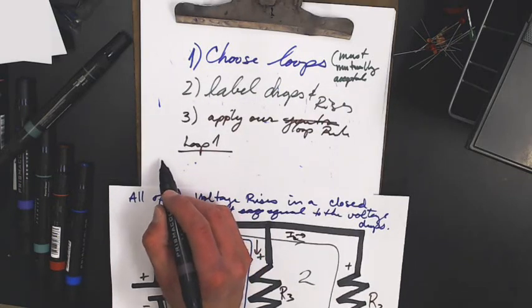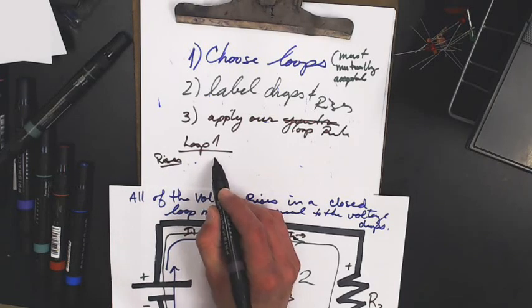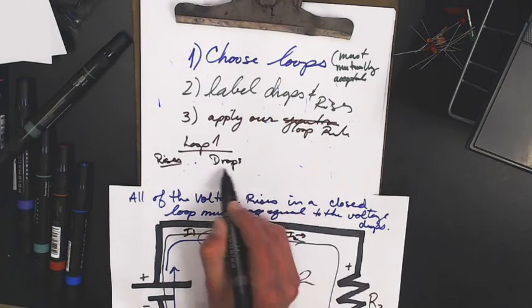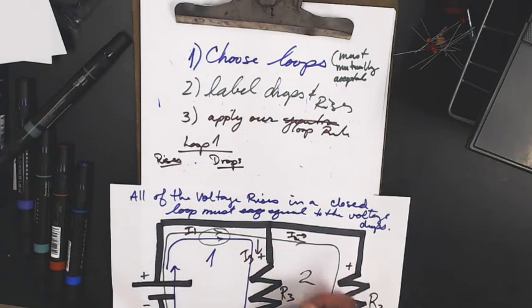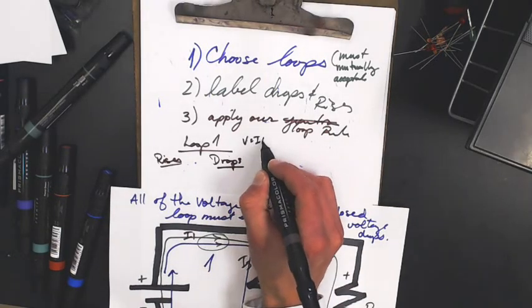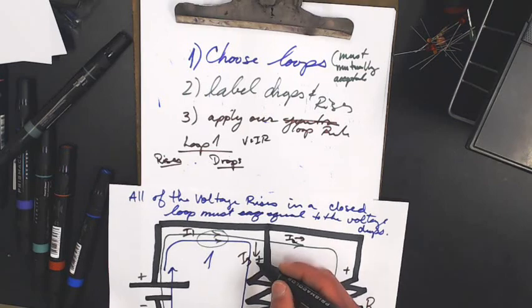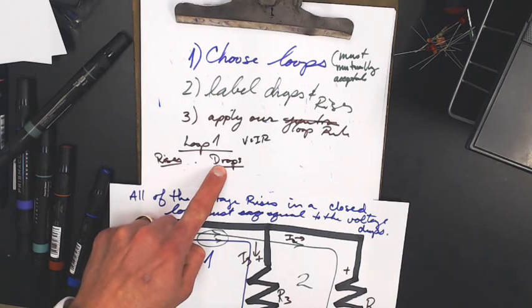Coming through here, I have a voltage drop. So here are my voltage rises and drops. My voltage drop is V equals, remember, V equals IR. So I'm going from high potential to low potential. That's a drop.